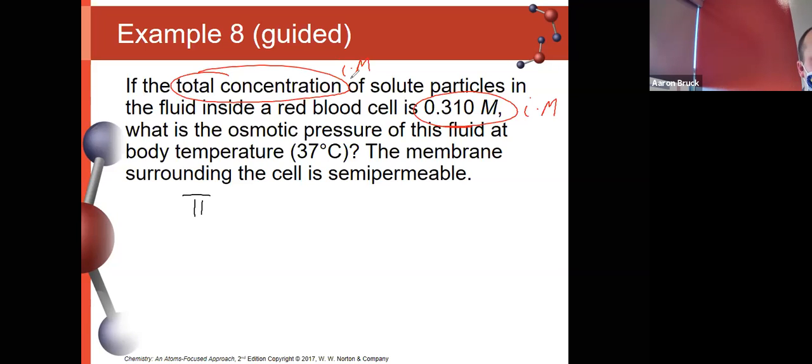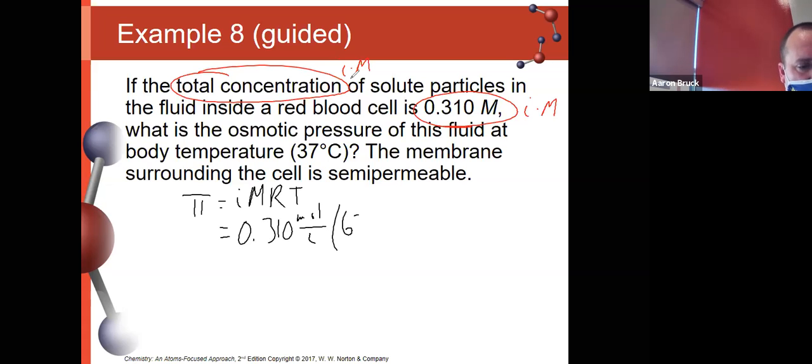So pi, osmotic pressure, is equal to iMRT. i times M, we have already been told, is 0.310 moles per liter. That's what molarity is. The pressure unit that we use really doesn't matter. We'll use torr here just for the sake of it.